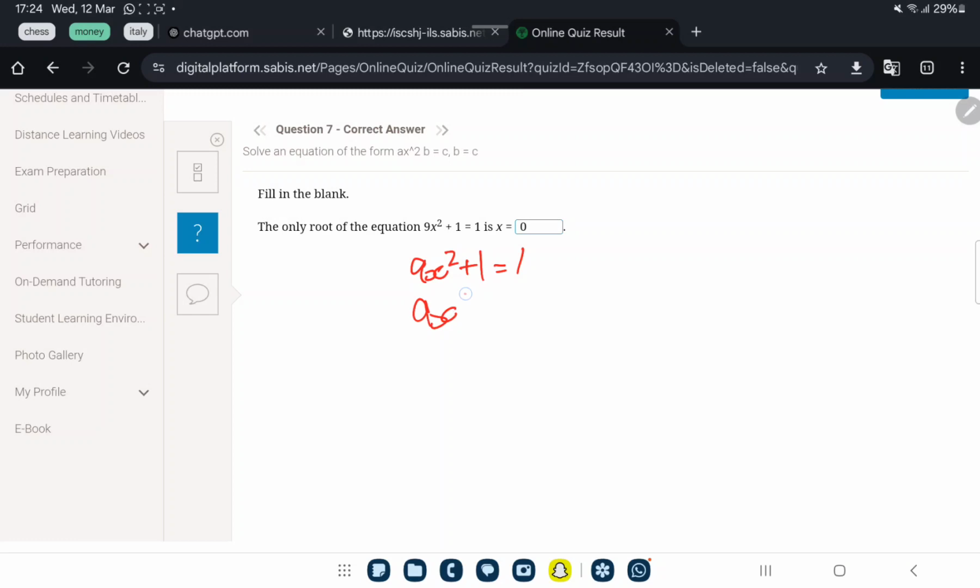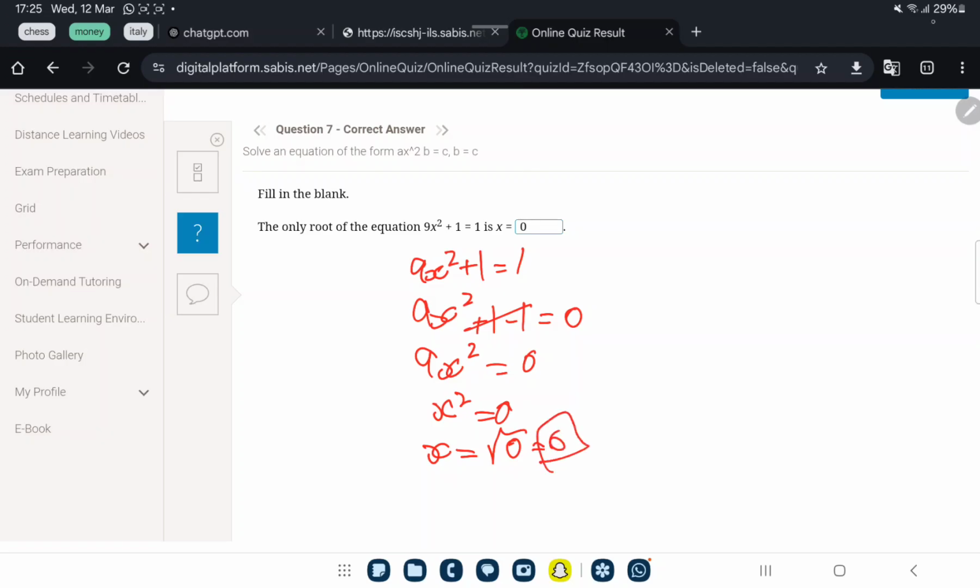So 9x squared equals 1 minus 1. Move to the other side, equals 0. So this cancels. 9x squared equals 0. Move the 9 to the other side, and x squared equals 0. And x equals square root of 0. So 0. That's your only root.